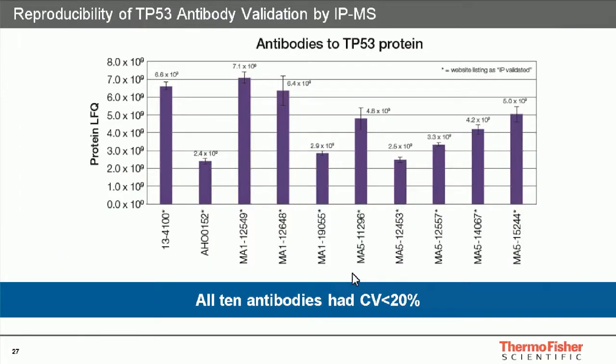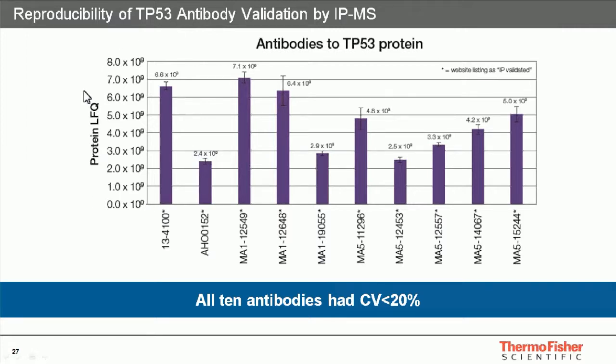So here we are looking at the results of all antibodies against the TP53 target. Here we selected 10 different antibodies for TP53, and we validated them by the IPMS method in a single run from the same cell line. Now, on the x-axis, you are seeing each antibody that had previously been website-listed as IP validated, and we were able to validate each one of these antibodies.